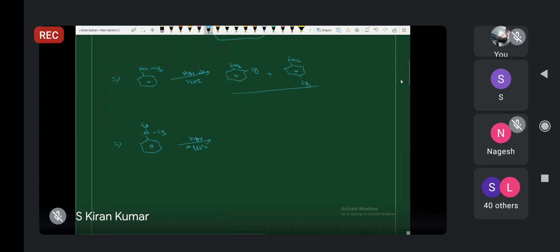Ethyl. Therefore, what does it form now? NH-methyl here, and ethyl at the ortho position and para position.